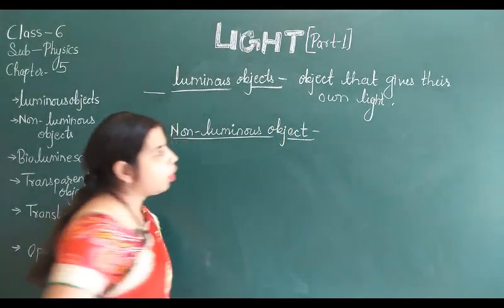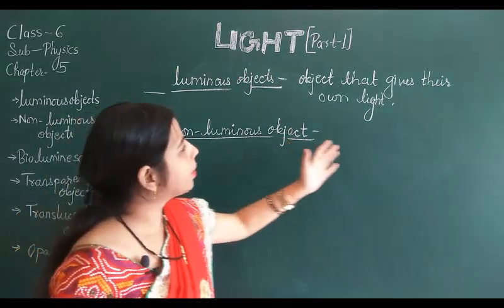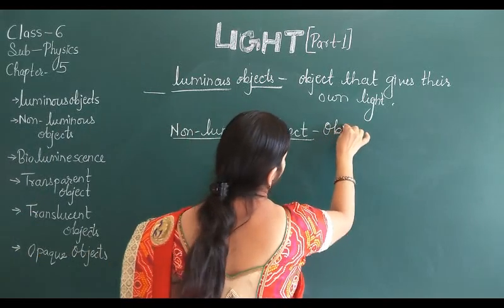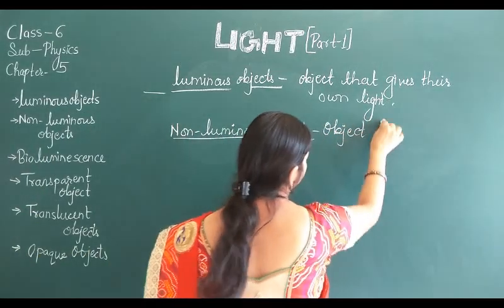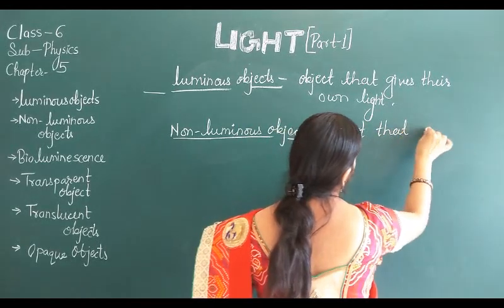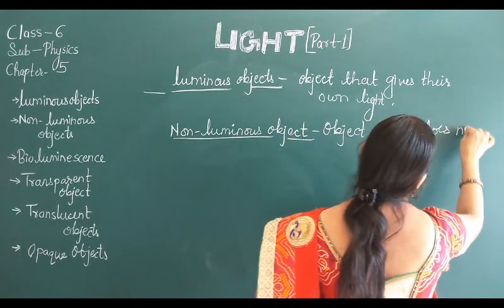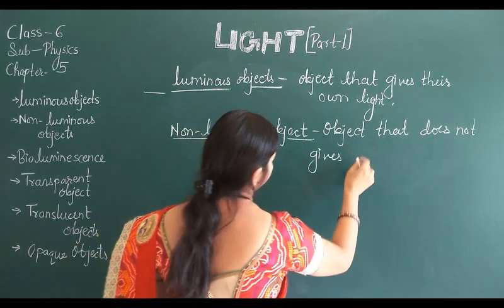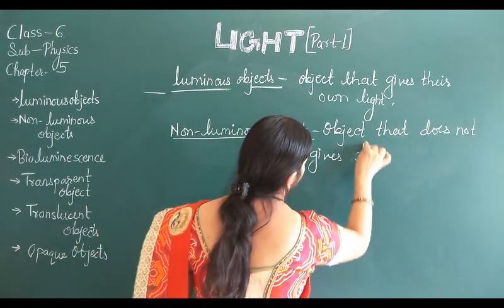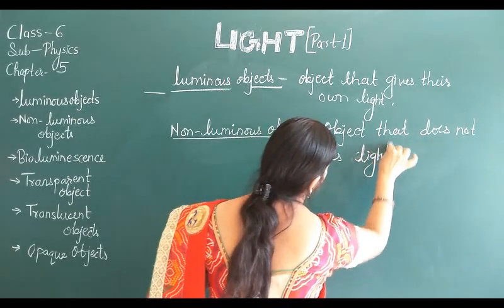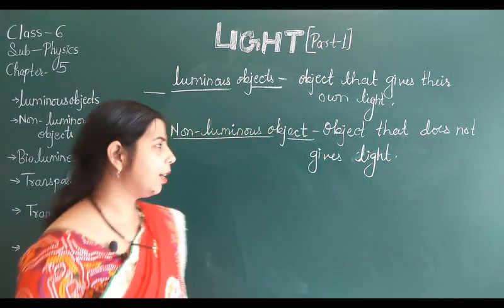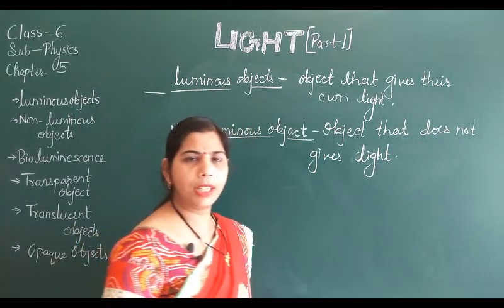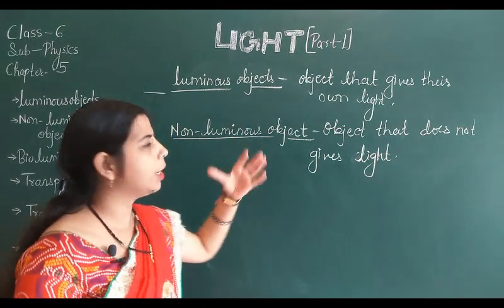That means the object that does not give its own light, just like chair, table and anything that does not emit light.